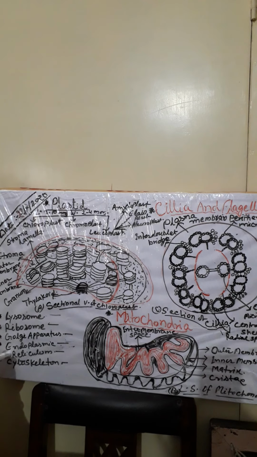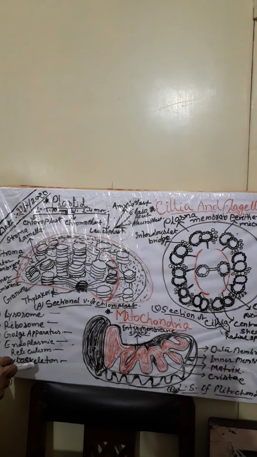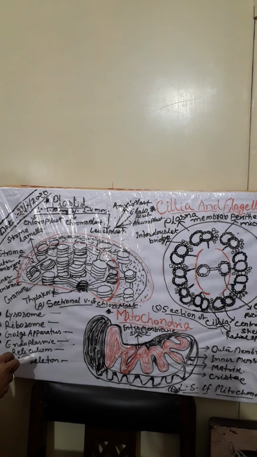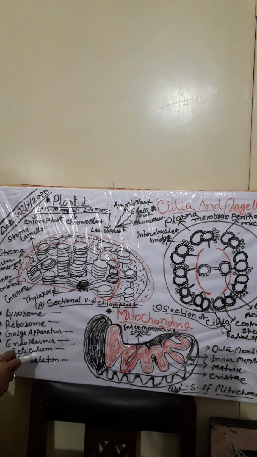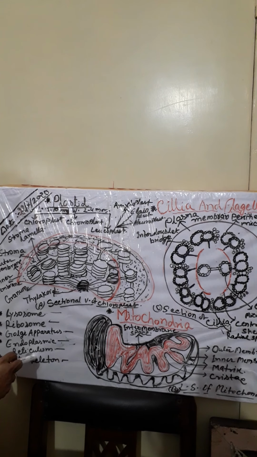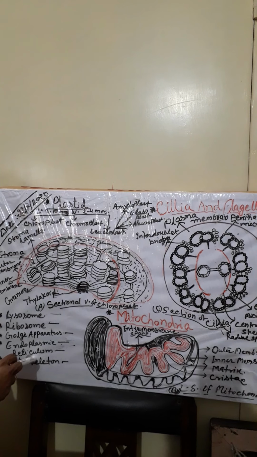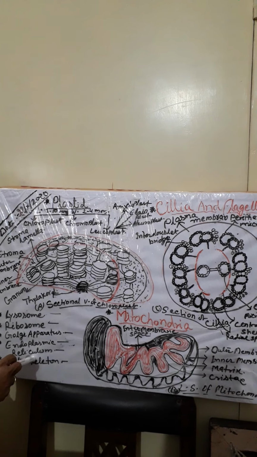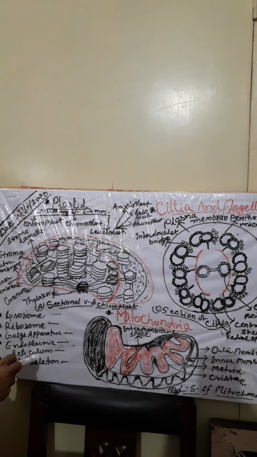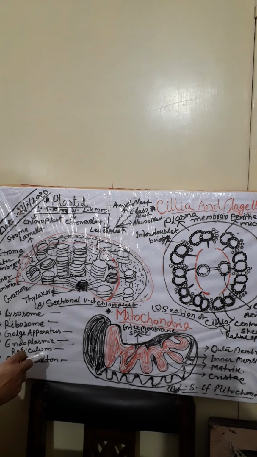The endoplasmic reticulum divides the intracellular space into two distinct compartments: luminal, that is inside, and extraluminal, that is outside. The luminal compartment is inside the endoplasmic reticulum and the extraluminal compartment is in the cytoplasm.